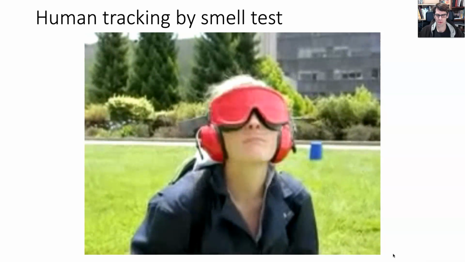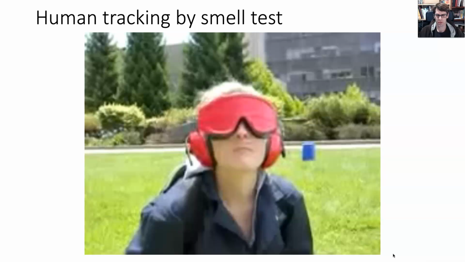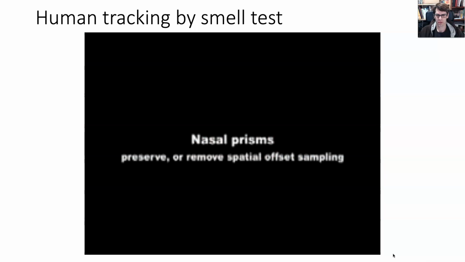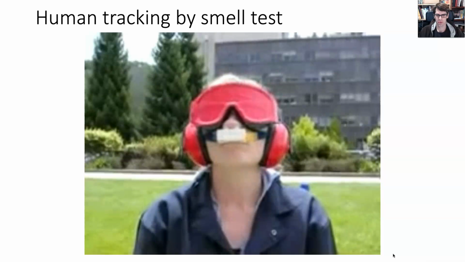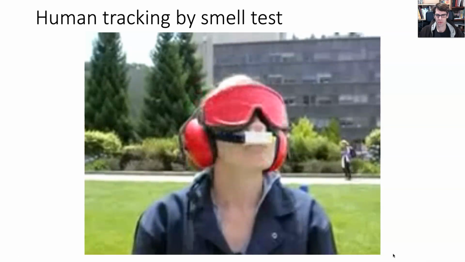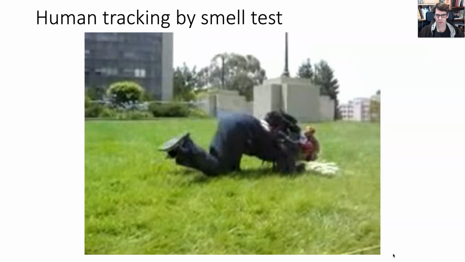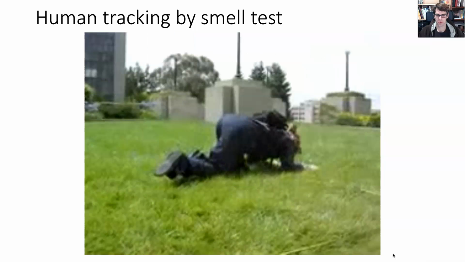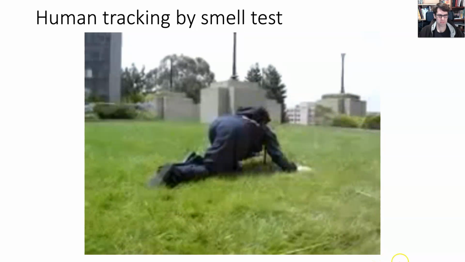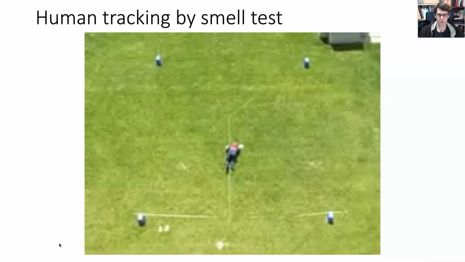The nasal cannula used to measure sniffing is seen here. Here the subject is wearing nasal prisms to alter the spatial reach of their sniff. At the start of a trial, the subject is positioned facing the odor trail and has been instructed which direction to turn on encountering the trail. Beyond this initial instruction, the subject is given no further information about the path of the scent trail. An example tracking run is shown here at roughly 4x speed.